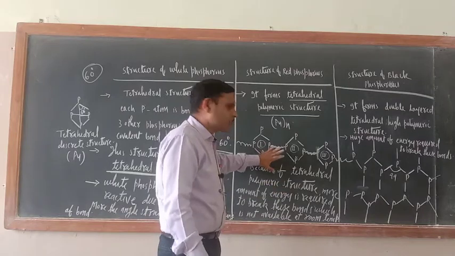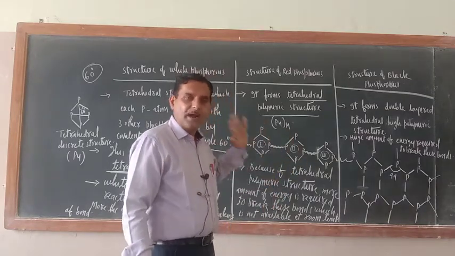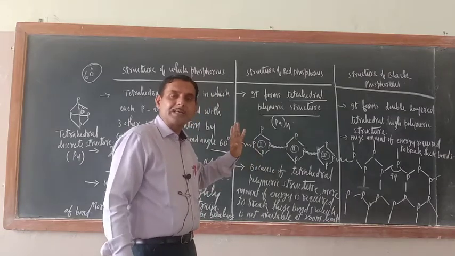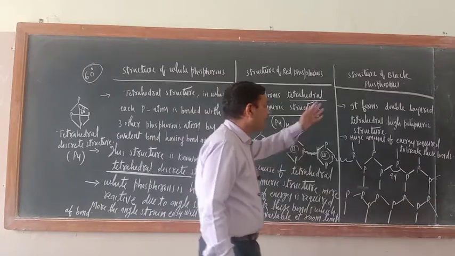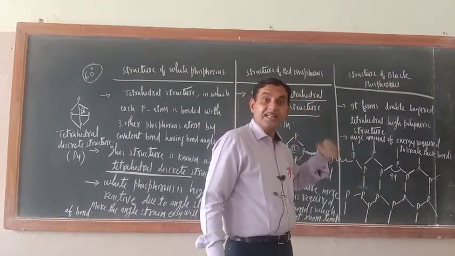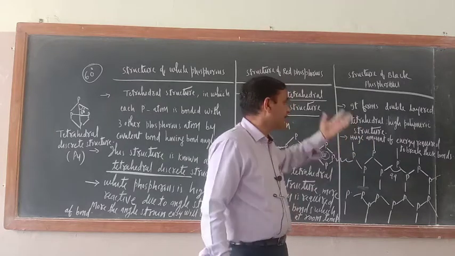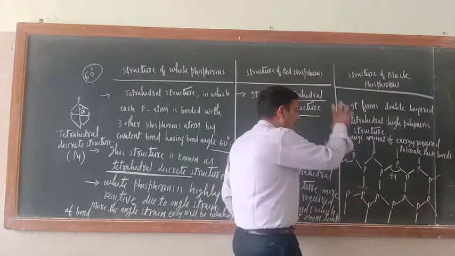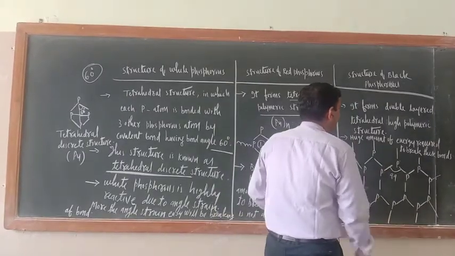So the reactivity and stability of white, red and black phosphorus depend upon their structure. Clearly I wrote it here. What about black phosphorus? You know, black phosphorus is least reactive, hence thermodynamically most stable. Just see, black phosphorus forms a tetrahedral double layered structure.